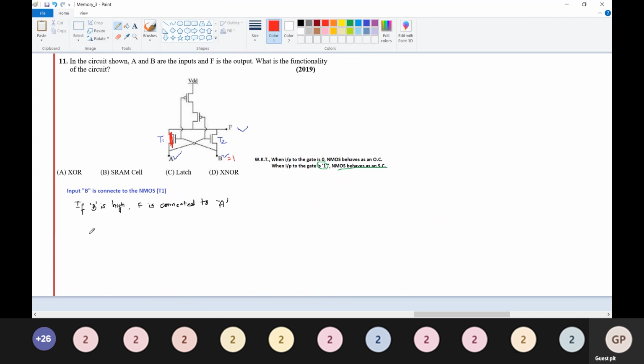In short, if B is equal to 1, F is equal to A.